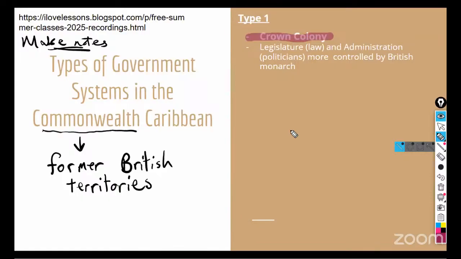The British monarch right now is King Charles. Prior to him, it was Queen Elizabeth. The crown government has more of a say in what goes on in the colony, who occupies an office, and whether or not something becomes law.